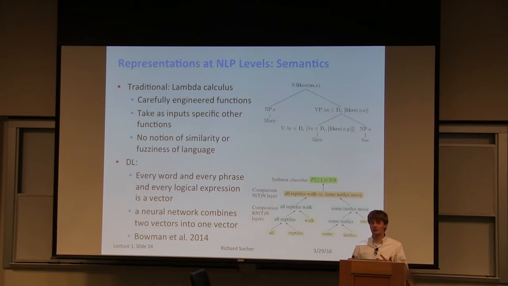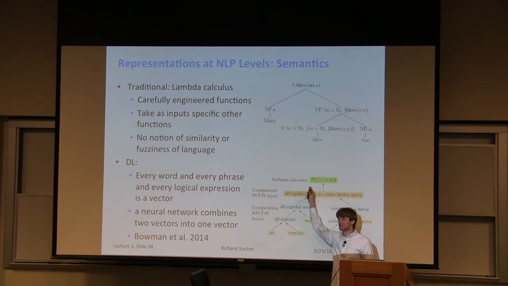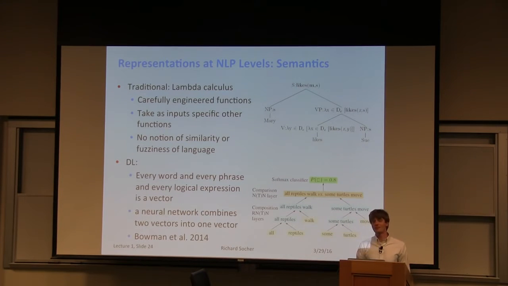Let me just train a model with the final output that I care about, with a simple logistic regression at the top, and just say yes or no. These two sentences are in this relationship, or they're not, and I learn everything in between. And eventually, amazingly, without us having to define by hand that reptiles is a supergroup of turtles and moving is more general than walking, the model figured it out to make the final correct prediction that one entails the other.